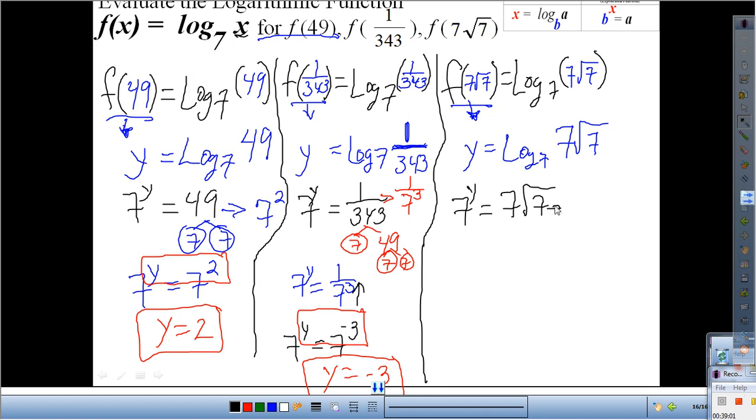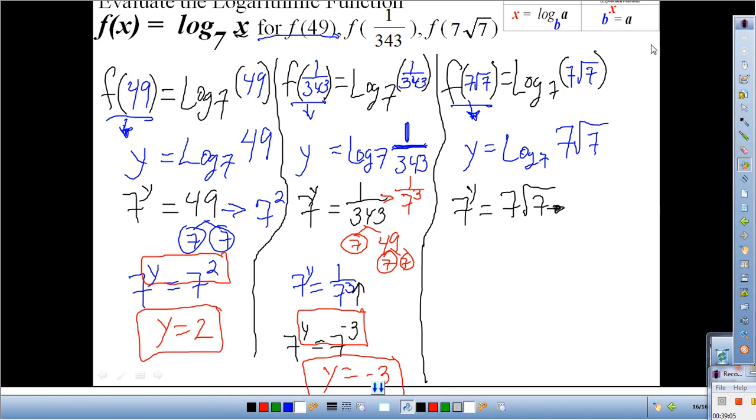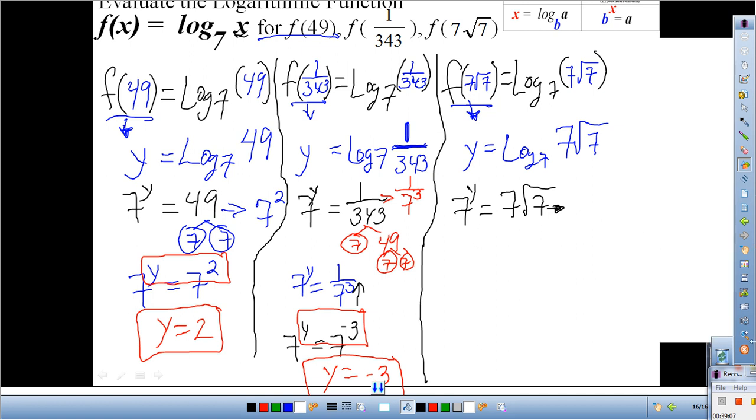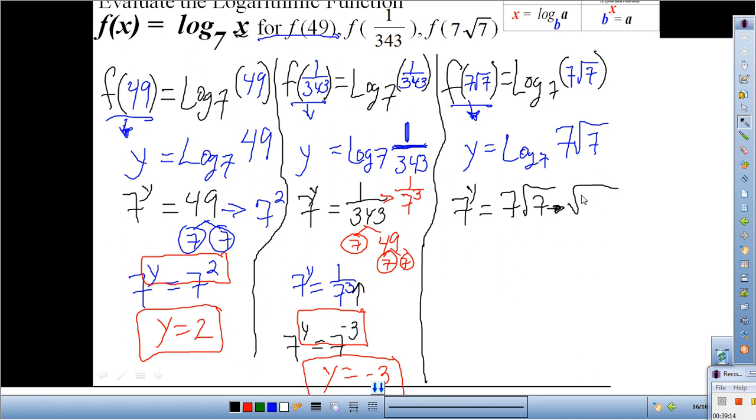I'm going to go this way so you guys can see it. You're like, oh, that's why we practiced on the warm-up. I know, right? Let's go. So this is square root of 7 times 49. Is that correct?